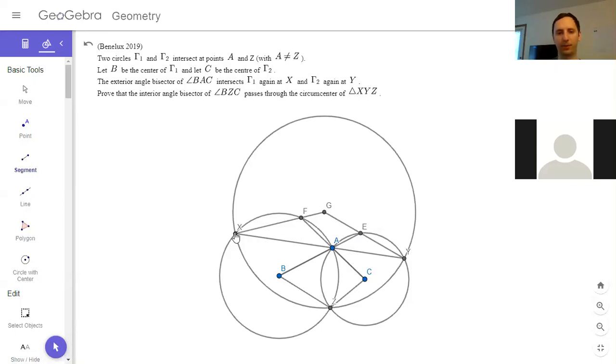Oh, that's interesting. B, Z, C. If we knew that, could we use that to solve the problem? Not sure. But first, how could we show X, F, and G are collinear?